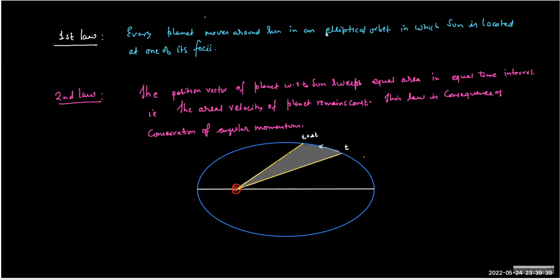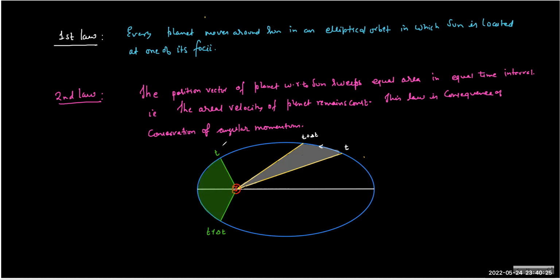And let's say after some time you are here. If I call this t, then in t plus dt the planet may travel this much. So if the time intervals are equal, then the green area must be equal to this area swept by the position vector in that time.